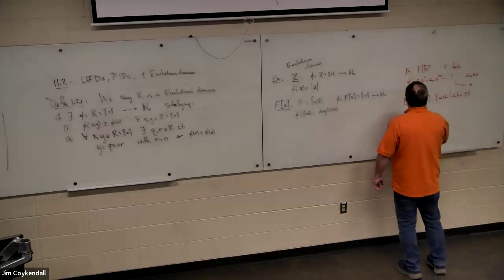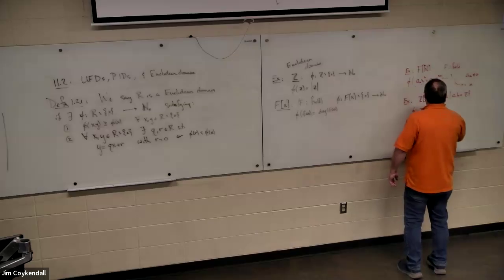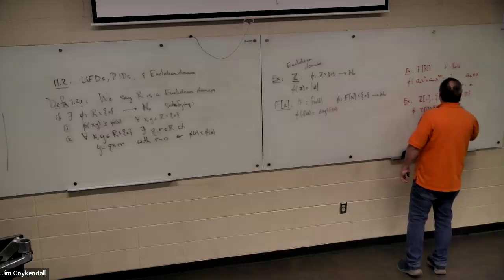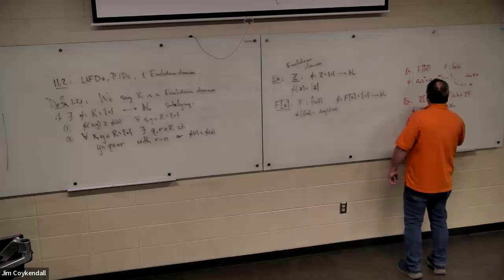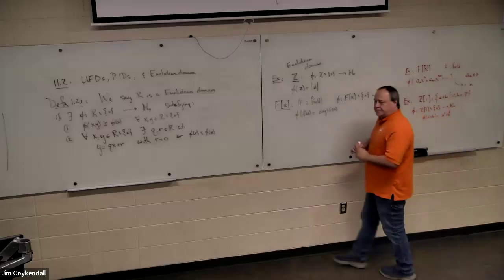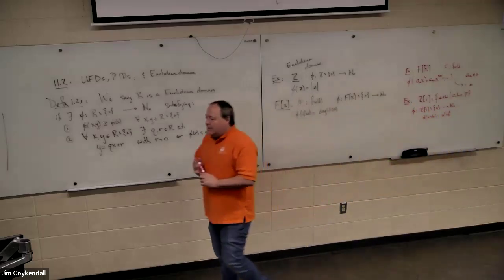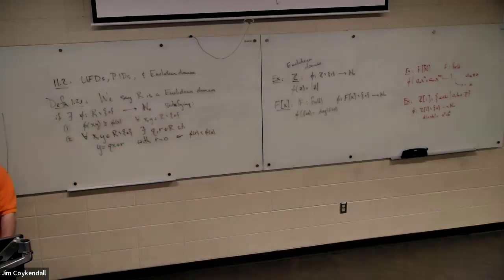Here, phi from Z[i] minus zero to the natural numbers union zero is given by phi of a plus bi equals a squared plus b squared. These are all examples of Euclidean domains and the normal function that goes with them. We'll talk more about this next time. Any questions?